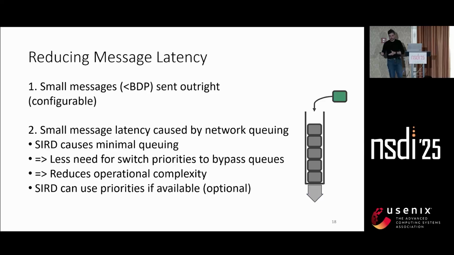But as we've seen, SIRD causes minimum queuing. So effectively, SIRD strongly reduces the need for switch priorities to bypass queues, which other protocols have leveraged to great effect. This reduces operational complexity, but of course SIRD can use priorities if they are available, and sees some benefit from that.